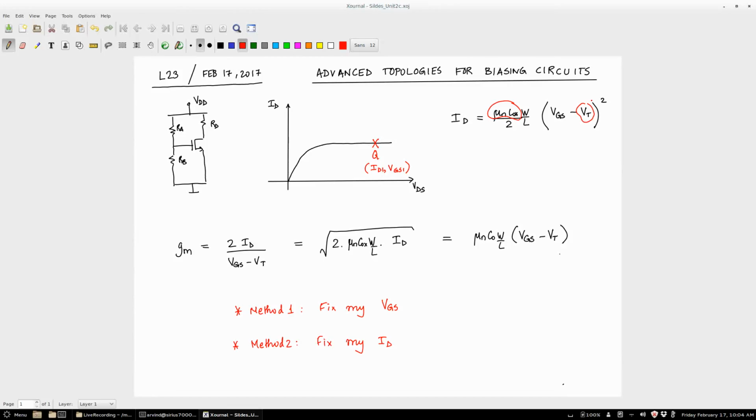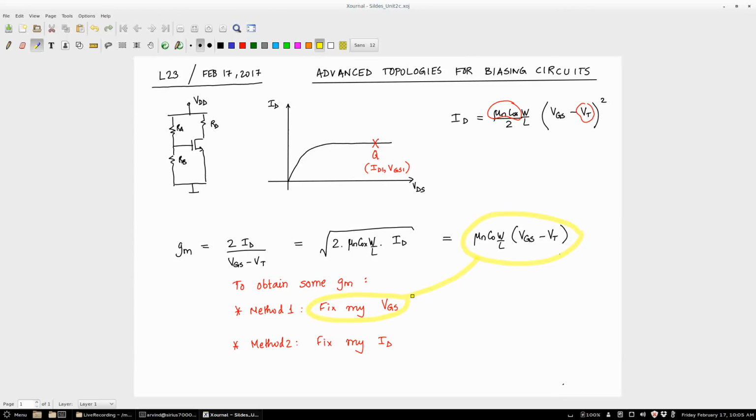These things are not going to be the same for all devices. So one device will have VT as 0.5, another one will have 0.55. It's only 10% off, right? So if you want to set your operating point, what these expressions tell you is about the first expression. Look at the second and the third expressions. What are these methods for? These are to obtain some gm.